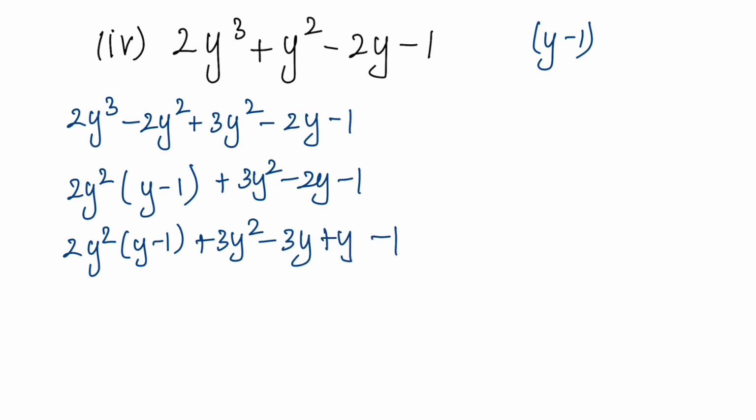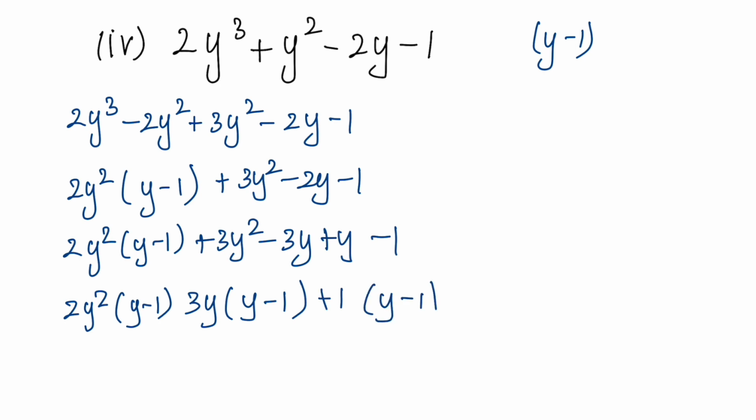So minus 3y plus y is minus 2y, right? We have just rewritten this minus 2y as minus 3y plus y. So 2y squared into y minus 1, and from the next two terms you can take 3y as a common factor, and that gives you y minus 1 as well, and from the last two terms you can take 1 as a common factor, and that gives you y minus 1 as well.